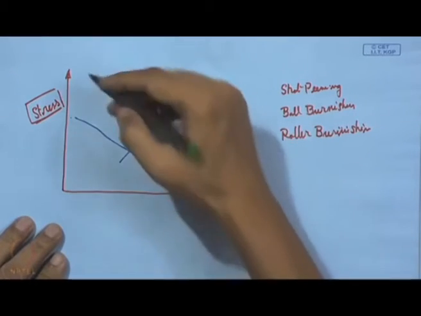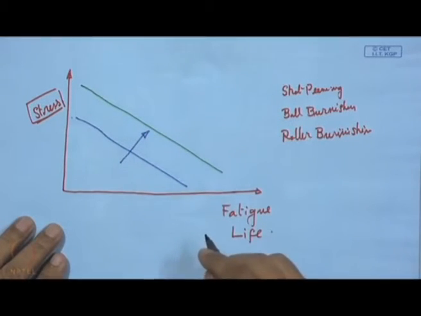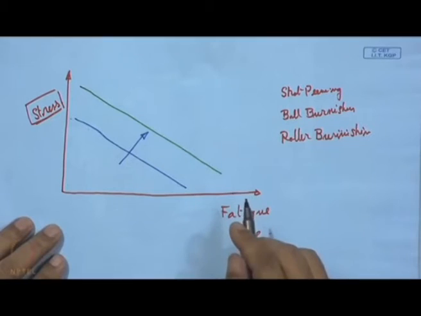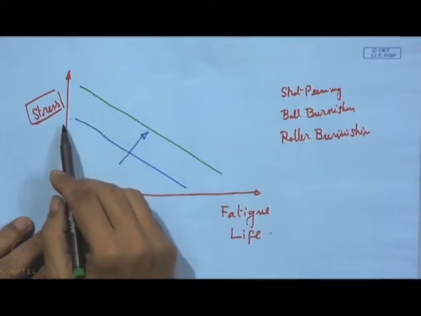That means we can shift this curve. By this shift, what we mean is that we get not only a prolongation of the fatigue life, but also a higher stress.